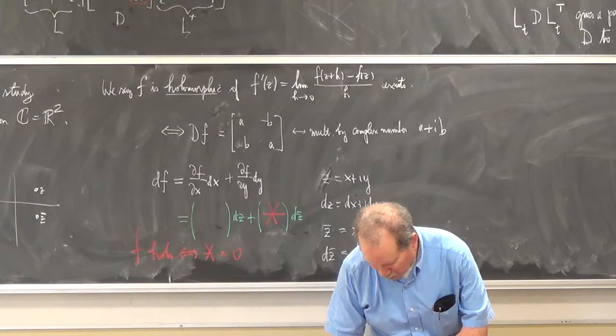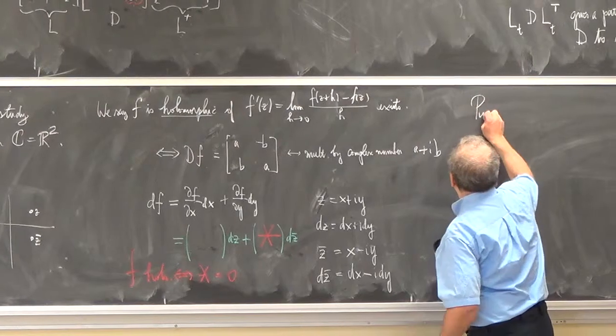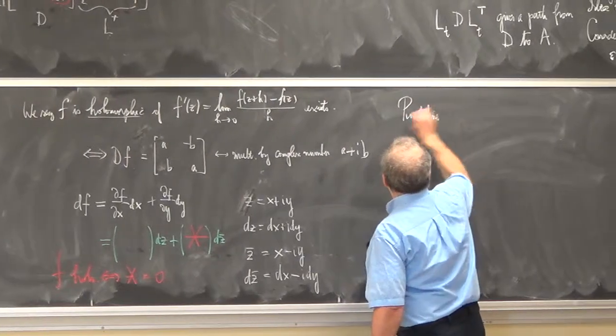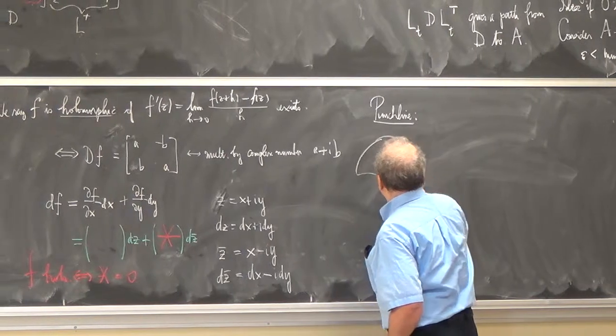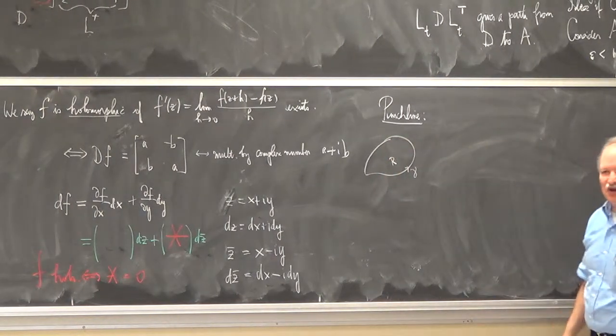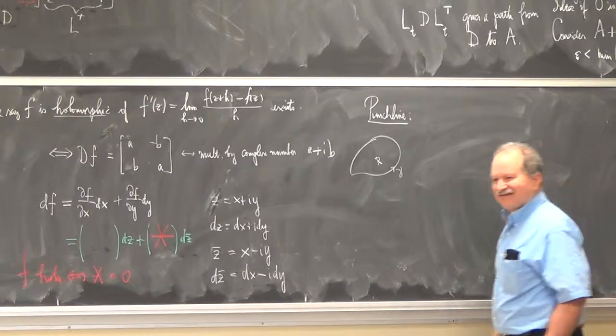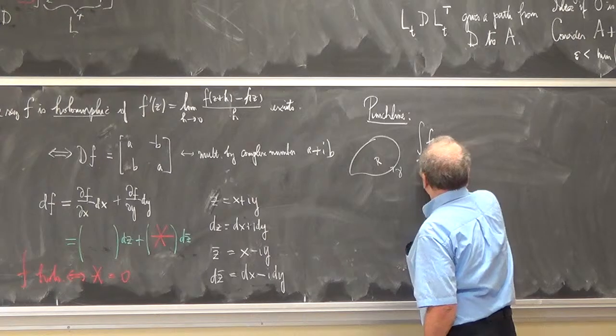Well, I'm now going to tell you the punchline of that. Suppose you wanted to take a curve that was the boundary of a region. What theorem is this sounding like? Green's theorem. Here's a one form.